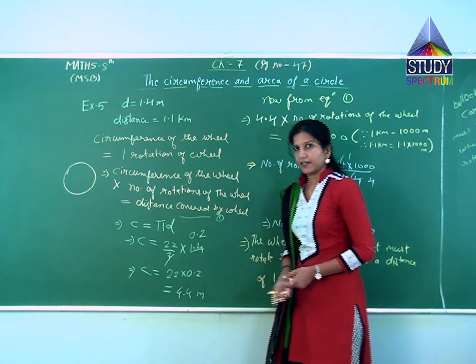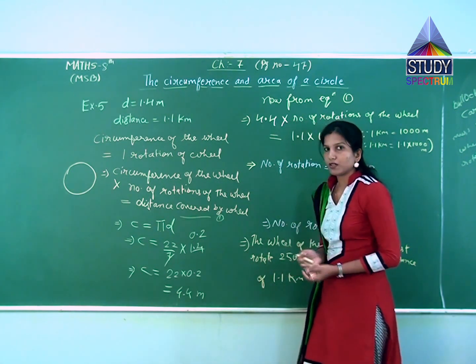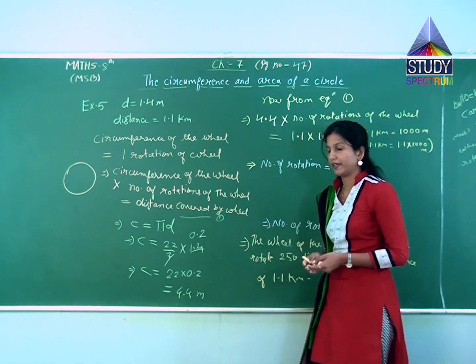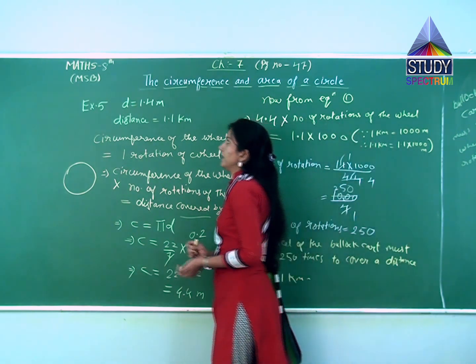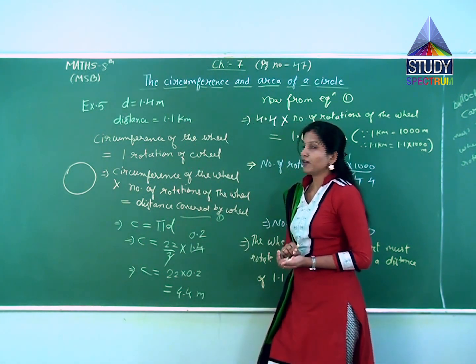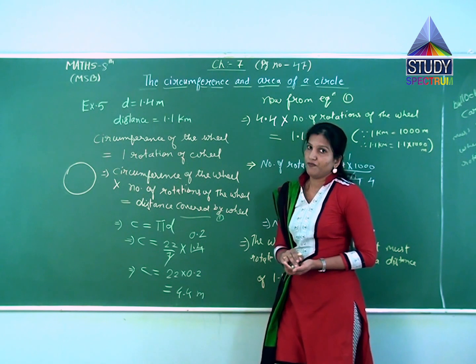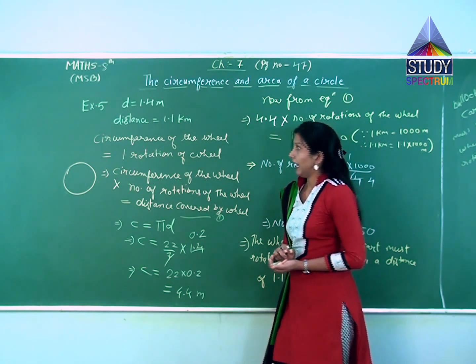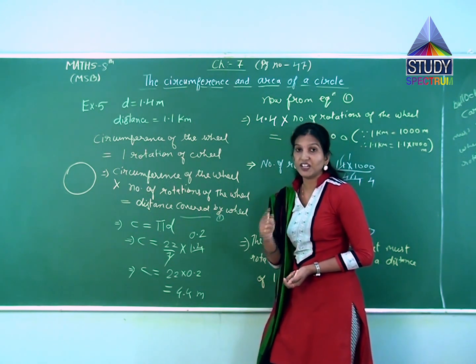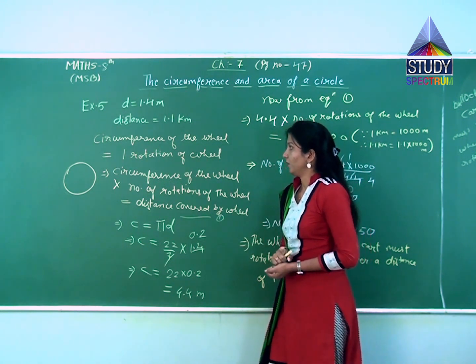Let us revise it once again, because understanding it one more time will help you understand better what was asked in the question and what we did. In example number 5, we were given the diameter of a wheel of a bullock cart and the distance covered by that wheel.